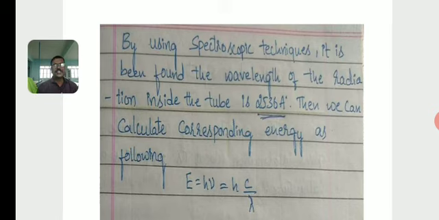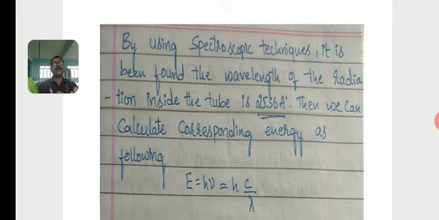When an electron jumps from one orbit to another orbit, radiation is emitted in the form of photons. The wavelength of the radiation can be determined with the help of a spectroscopic method, and its value is 2436 angstrom.